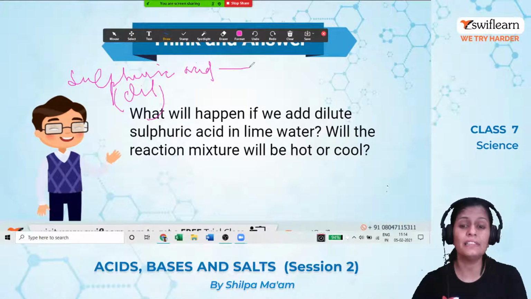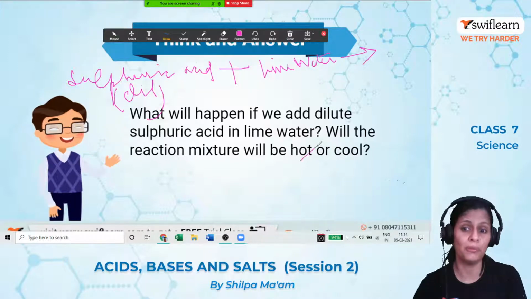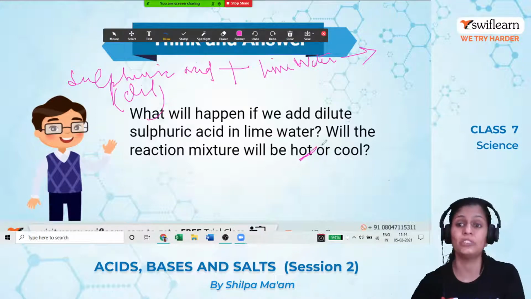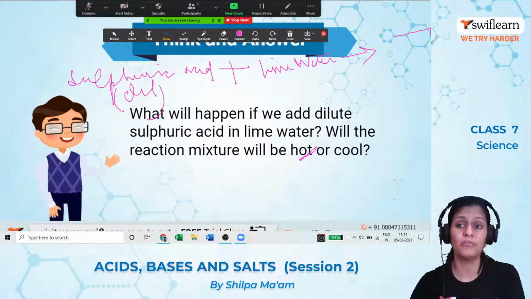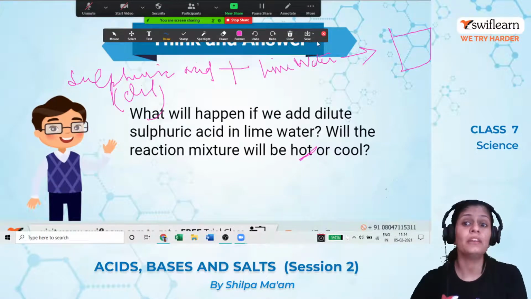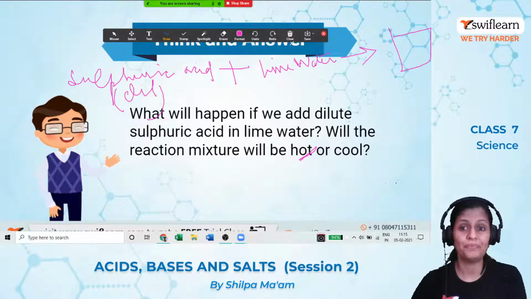When we combine it with lime water, what is happening? Will the solution be cool or hot? It would be hot only, because it is again a neutralization reaction. But what products are formed except water and heat? I need the answer for this.